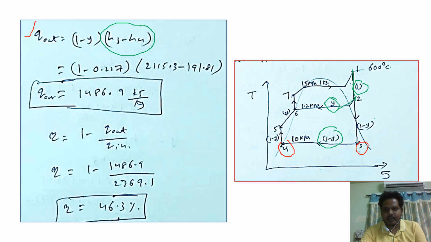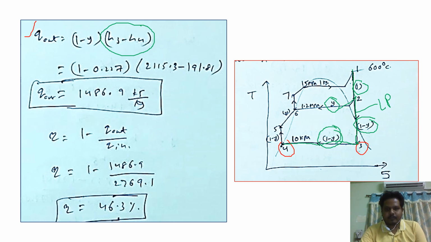So the remaining mass, 1 minus y, enters the process 2 to 3, which is the low pressure turbine. After expanding through the low pressure turbine, the same mass enters the condenser. So here the mass is 1 minus y.